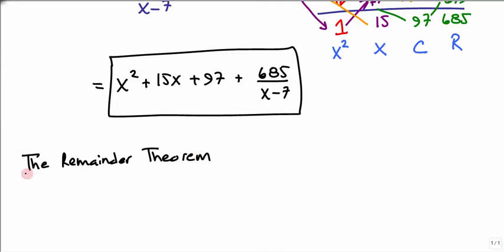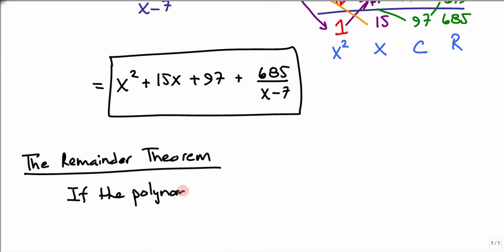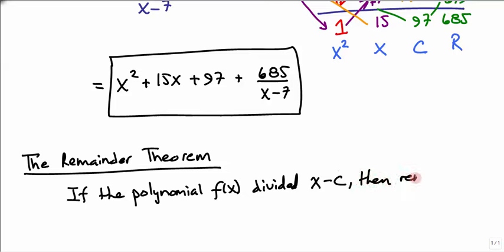What the remainder theorem states is that if we have the polynomial, and we'll just call the polynomial f of x in this case, divided by the binomial x minus c, where c is any constant, it could be positive or negative, then the remainder is f of c.